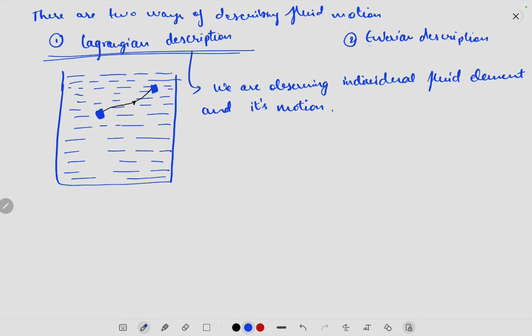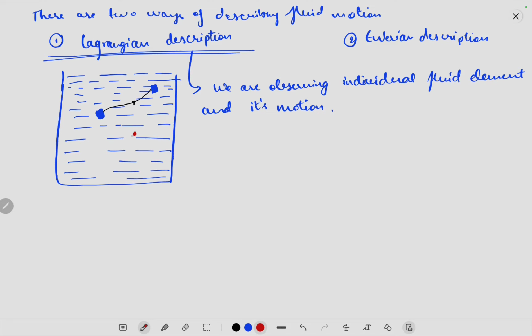Now let's study about what is an Eulerian description. So in Eulerian description, we are interested in knowing how fluid properties change as a function of time for a fixed point. So let's say I have this point, and now I am interested in knowing that with time how the fluid property would change.